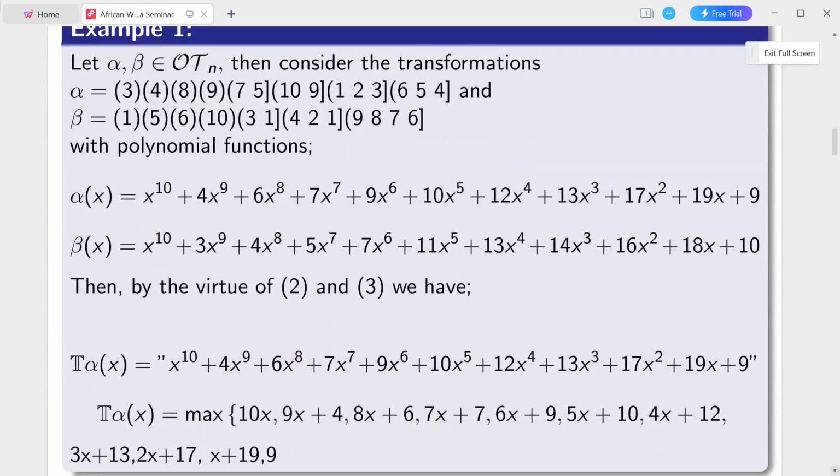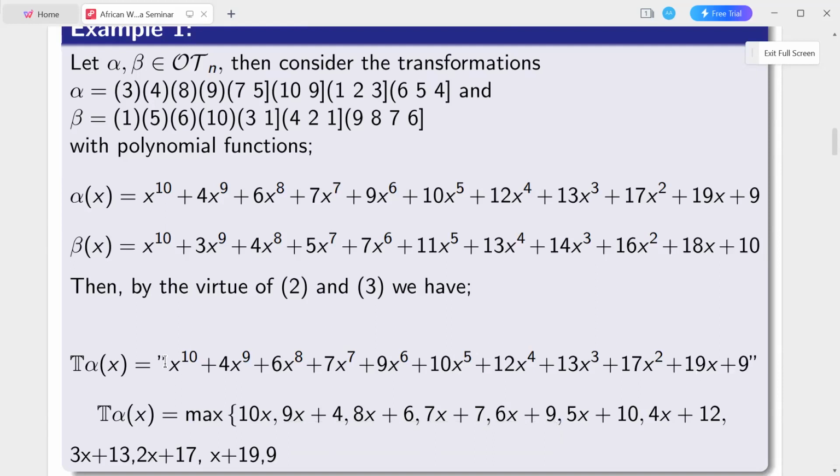Now, by virtue of definitions 2 and 3, where we define our tropical numbers under the operations of addition and multiplication, if you apply those definitions, we are able to take our polynomial into tropical roots. What we first say, by putting this double colon, is that it is already in tropical form.